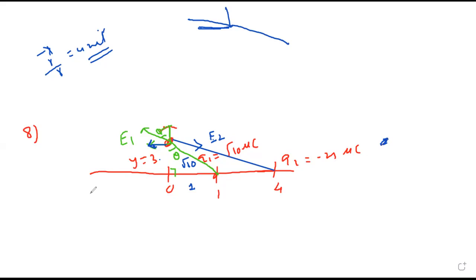Now similarly we can get E2 bar. First its magnitude: 9 into 10 raised to 9 into charge Q2, 25 into 10 raised to minus 6, upon distance square. This is 4 and this is 3. So what will be this distance? 5.